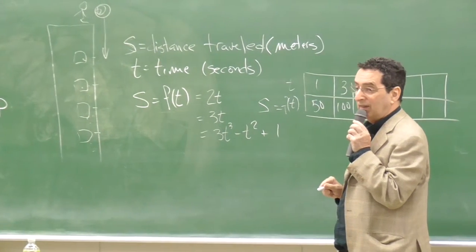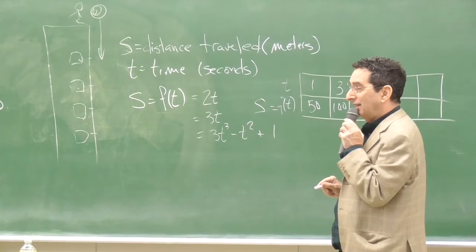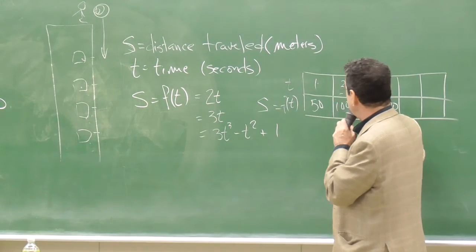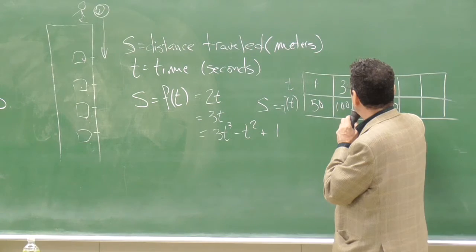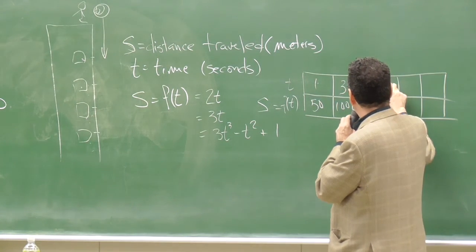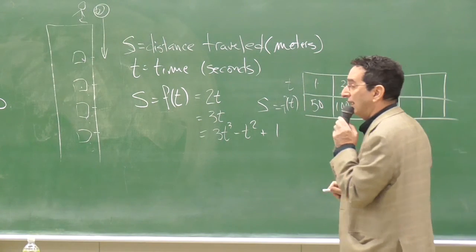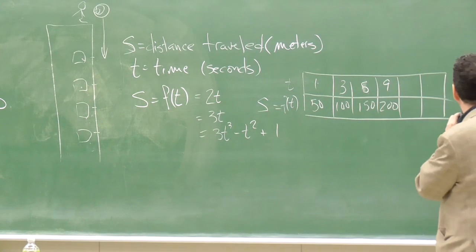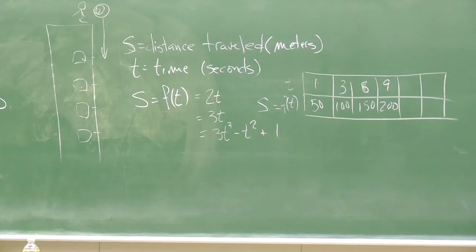Does that make sense? No, that's ridiculous. It couldn't be 1 second to get here and then only 1 second to get farther. So it's 5 seconds to get here, and 9 seconds to get here, whatever. Once we have that, what can we do? We can make a picture of it.